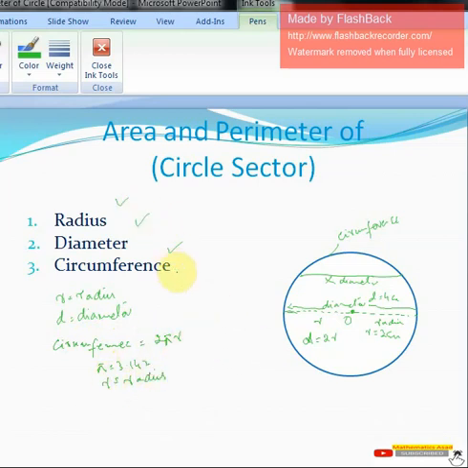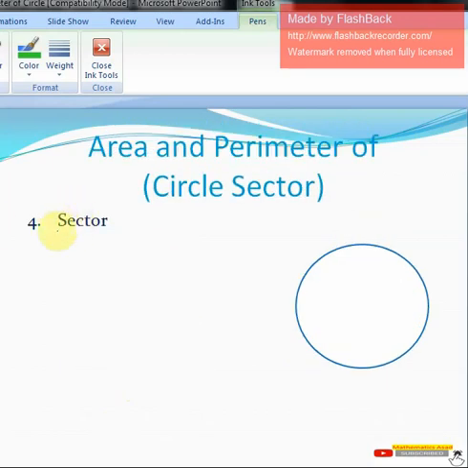Now these three things can be found: radius, diameter and circumference by the formula.